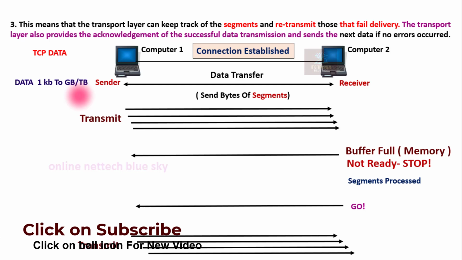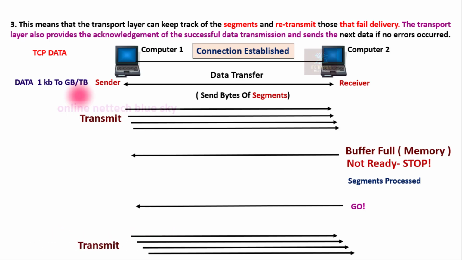Segment processing is very important for the transport layer, for android to android file sharing, android to computer file sharing, sending and receiving files on any type of device. That is how the transport layer works.